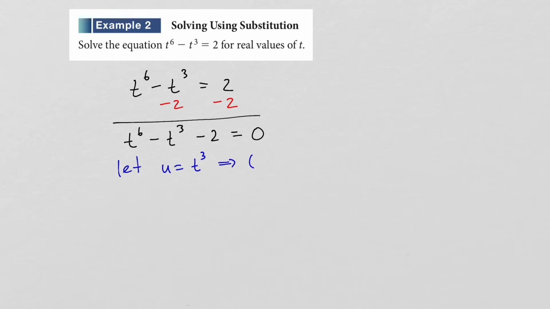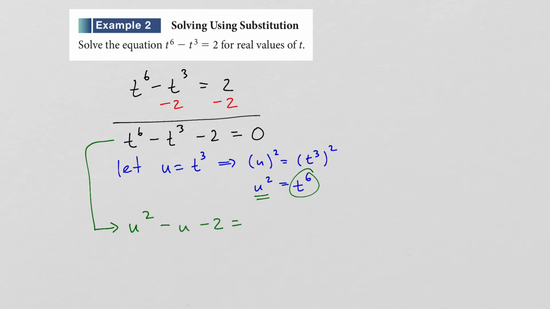And if I do that, when I square both sides, that gives us u squared is equal to t to the 3 times 2, which is t to the 6. So now in this equation, when we make the substitution, t to the 6th is the same as u squared, so we get u squared minus, and then t cubed is the same as u, and then minus 2 equals 0.